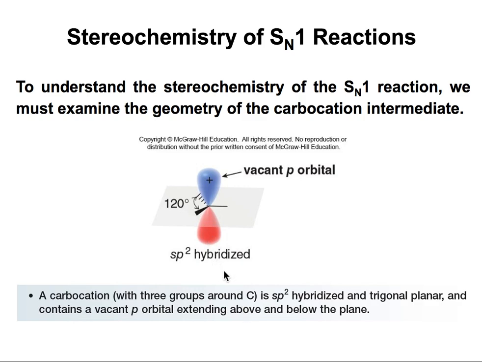As I mentioned in the previous video, the consequence of having an SN2 reaction is that there's an inversion of the configuration at the center. But an SN1 reaction goes through a carbocation. And carbocations are sp2 hybridized. And because they are sp2 hybridized, they become planar. Remember that sp2 carbons are trigonal planar.